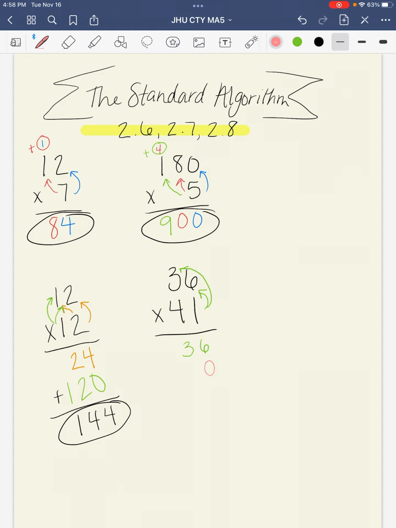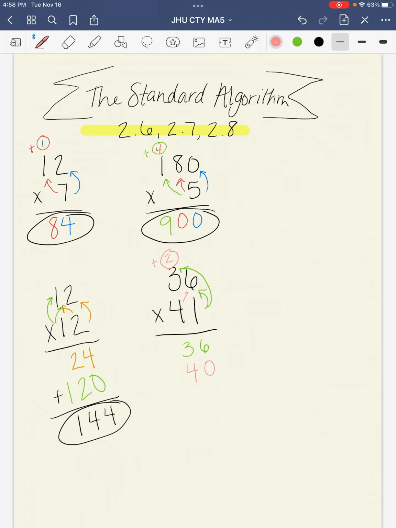So now I have 4, or 4D technically, that's where that 0 is coming from. It's holding that ones place in the 4D. 4 times 6 is 24. Since I'm not done multiplying yet, I have to carry that too. So I'm going to carry it over here. Remember, that gets added.